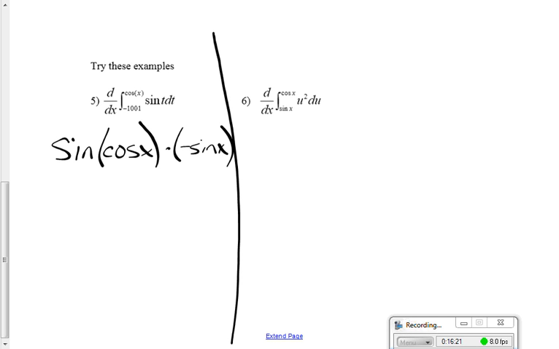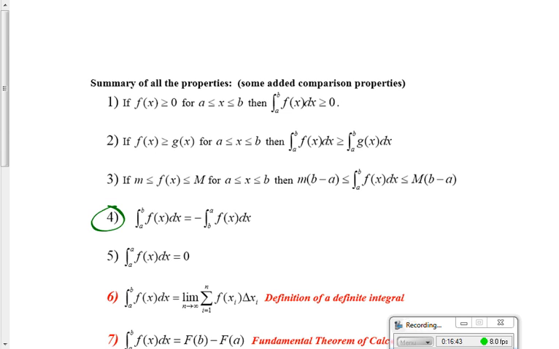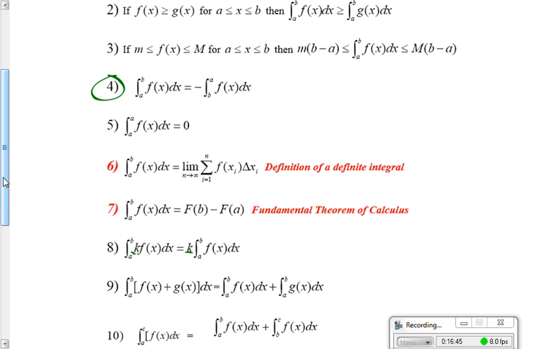I want you to look at property number 4, and I want you to look at property number 10. Look at 4 and look at 10. Okay? Because I'm going to use both of these. I'm going to use 4 and I'm going to use 10.